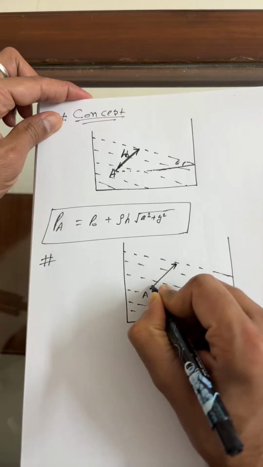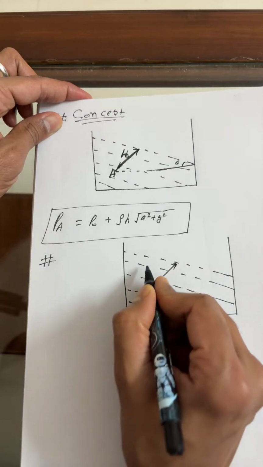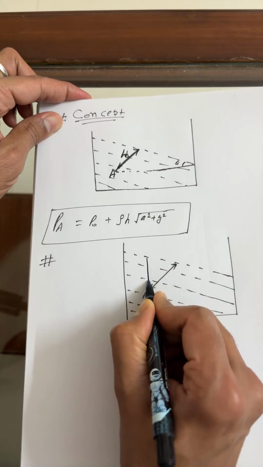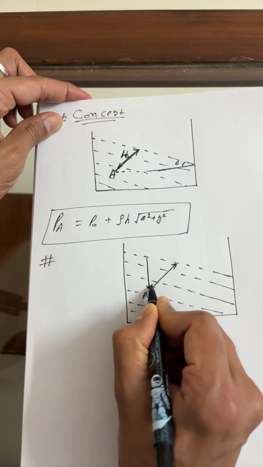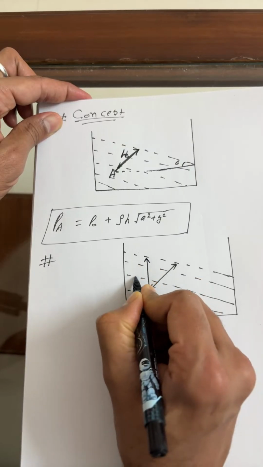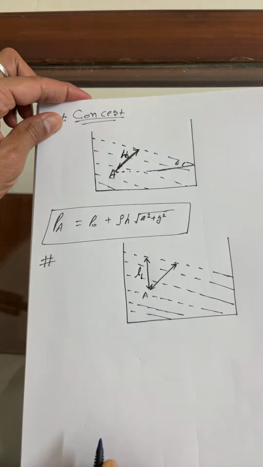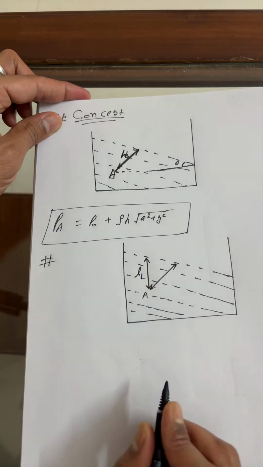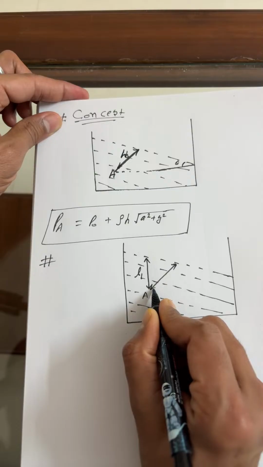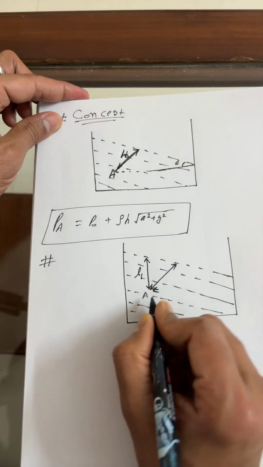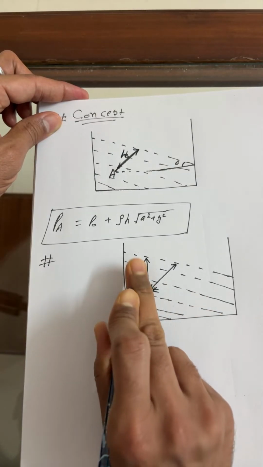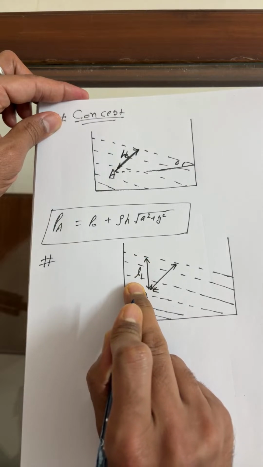This is S basically. So students, at point A, I'm considering the L1 distance in the vertical direction. Now I'm considering the L2 distance of point A. Point A is under the water, at L1 distance.